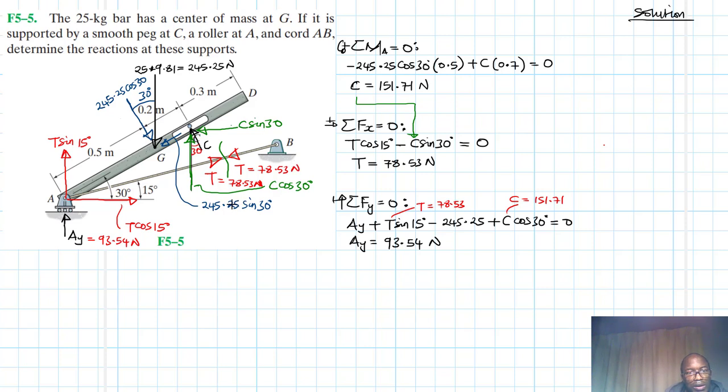Then we have C, which we found equal to 151.71 newtons. Then let's outline the solutions. We have C, which is the normal force at the peg. We have T, which is the tension in the cord.